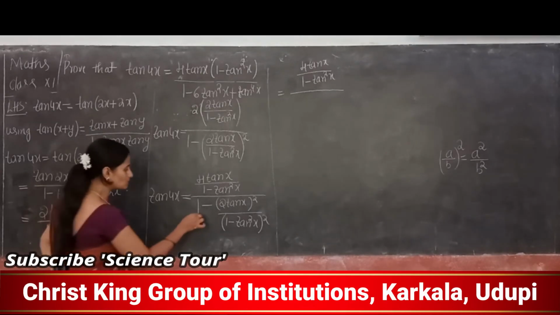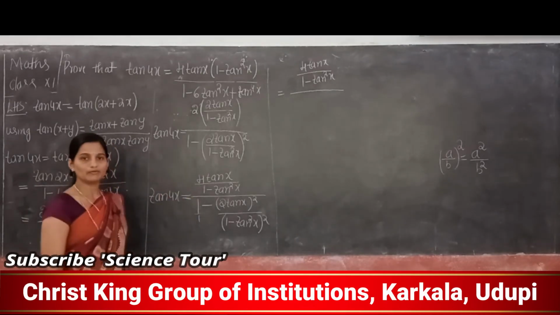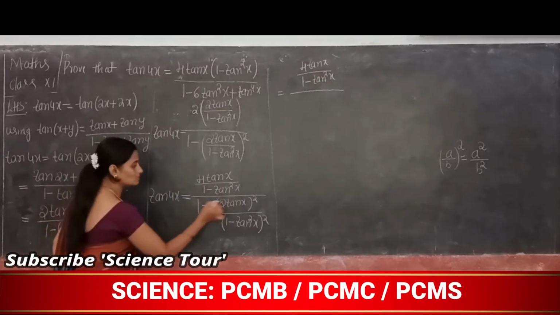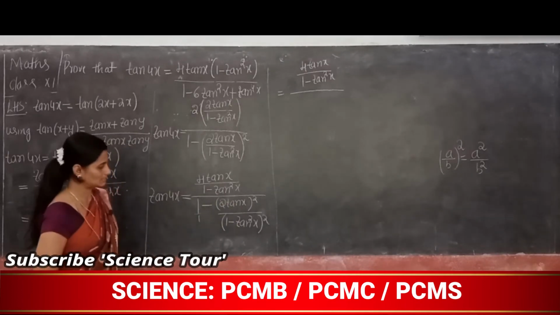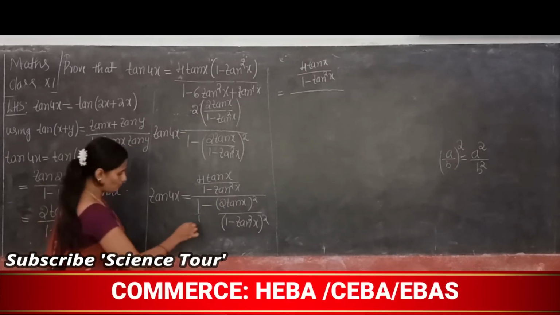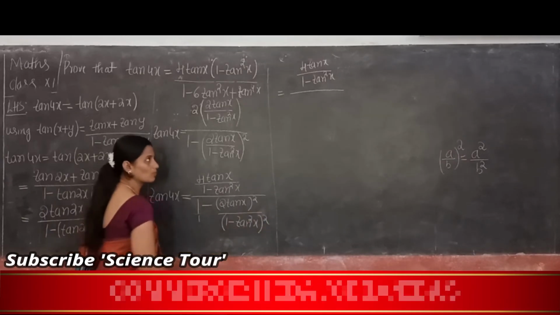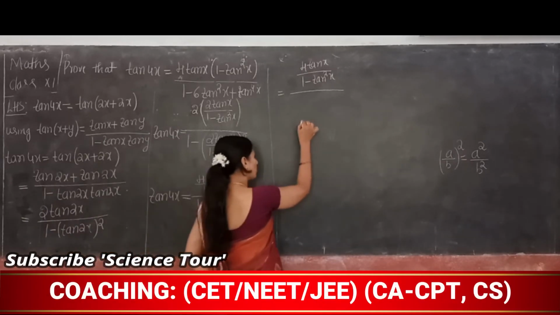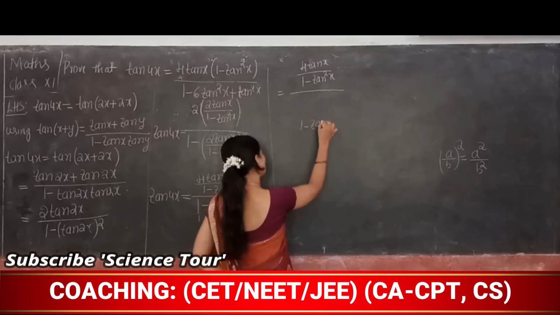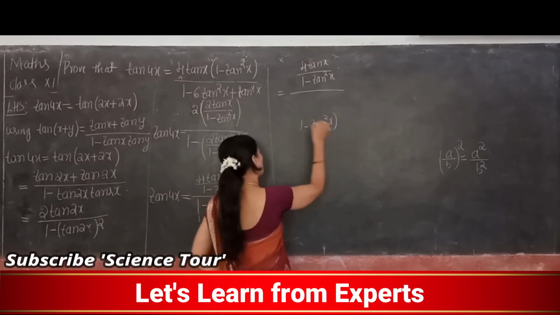Now 1 means what? It is 1 divided by 1. How to simplify this minus? By taking LCM. What is our LCM? The LCM is 1 minus tan square x whole square.